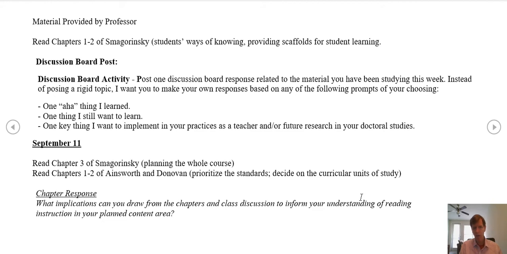I'm not going to be assigning a chapter review for this one, so I'll just simply do a discussion board post for chapters 1 and 2. And when I post the supplemental materials, such as an article that I've written on scaffolding, go ahead and include that in your discussion board too.